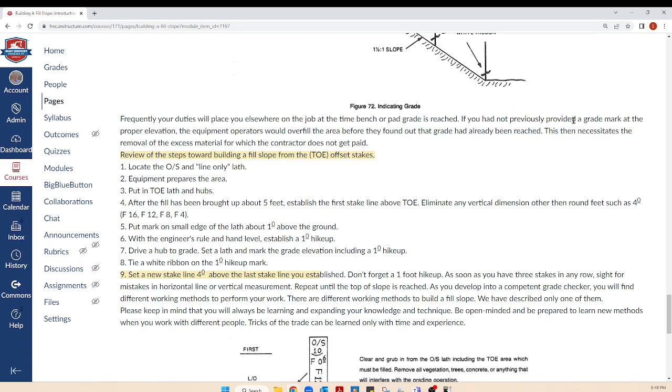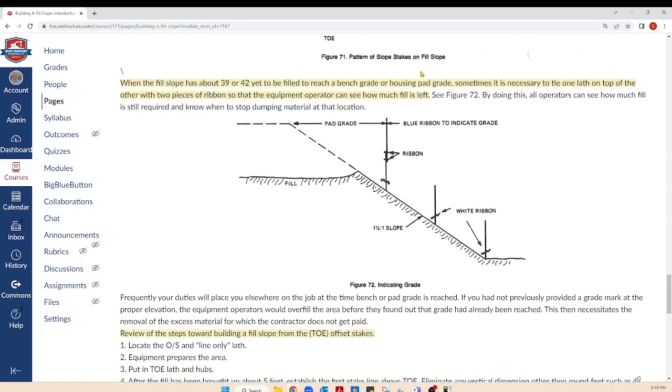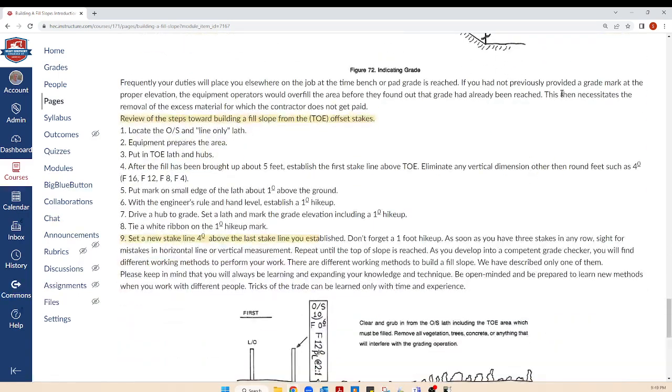If you had not previously provided that ribbon, a grade mark at the proper elevation, the equipment operators would overfill the area before they found out that grade had already been reached. This then necessitates the review of the steps toward building a slope from the toe offset stake.